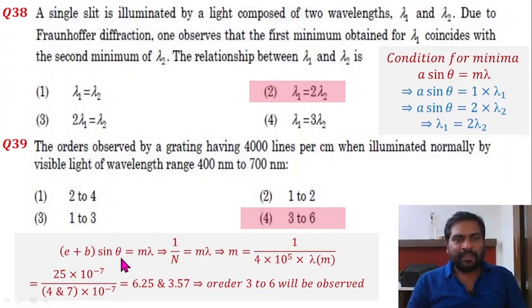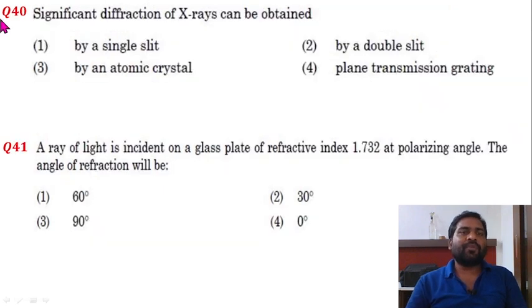For maxima, theta equal to 90 degree, sin 90 equal to 1. So e plus b equal to m lambda, or 1 by n equal to m lambda. Calculate it. For 400 nanometer and 700 nanometers, it is going to give orders 3 to 6. So 3 to 6 will be observed. Option 4 is correct.